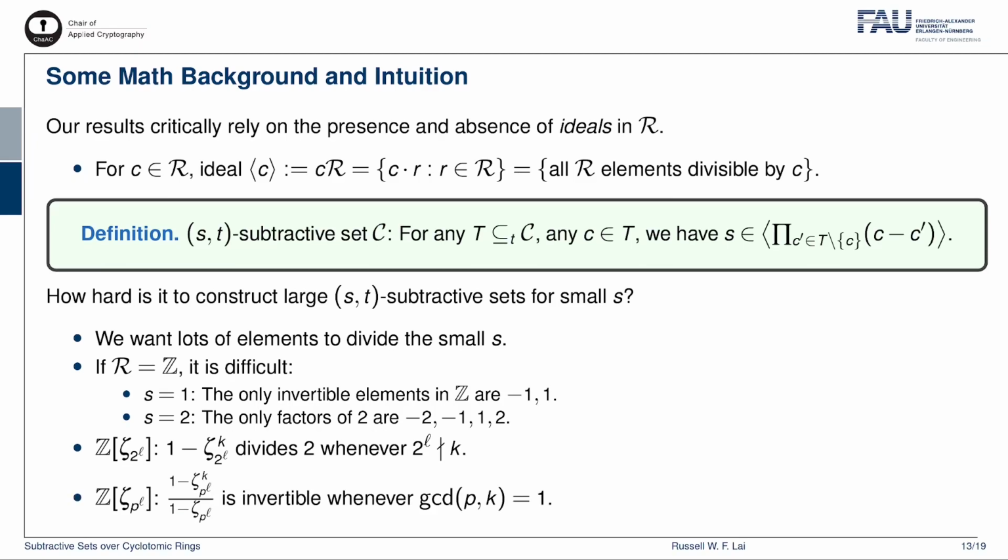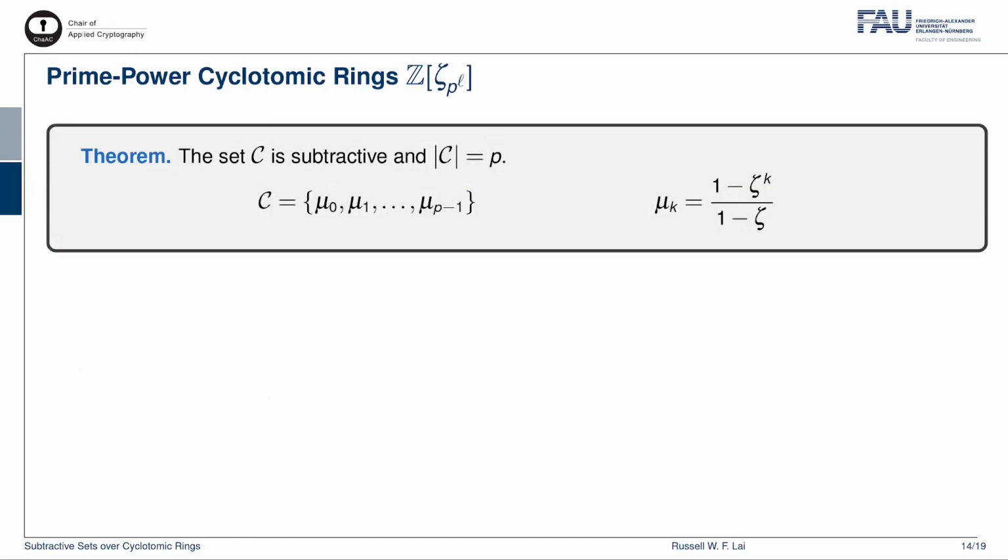Similarly, over a prime power cyclotomic ring of order p to the l, the element (1 minus zeta to the k) over (1 minus zeta) is invertible whenever p and k are coprime. With these observations, we see that it is quite a bit easier to construct subtractive sets over a cyclotomic ring than in the ring of rational integers. With these intuitions, let me present to you a flavor of our technical results.